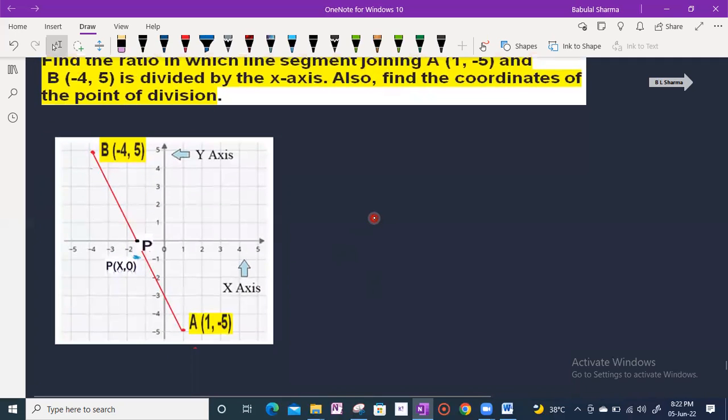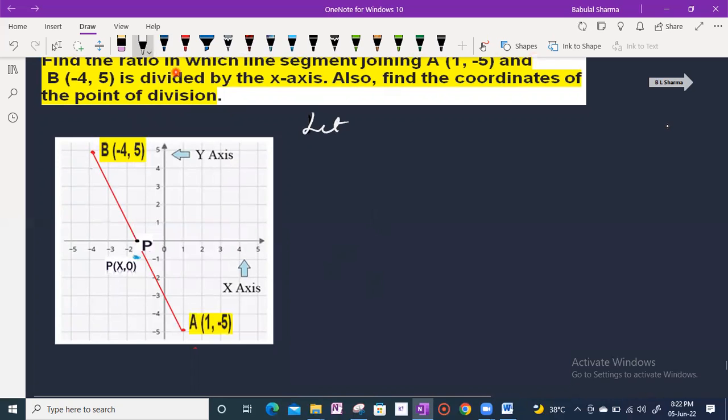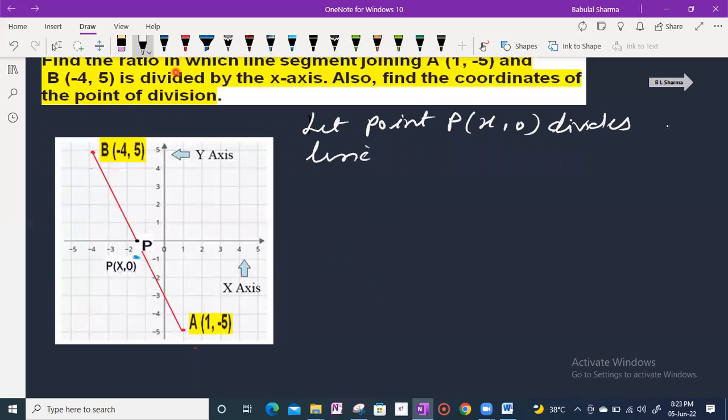So let point P, whose coordinates are x comma 0, divide line segment AB in the ratio m is to n. आप चाहो, if you want, you can take k is to 1, लेकिन मैं यहाँ पे m is to n ले रहा हूँ.